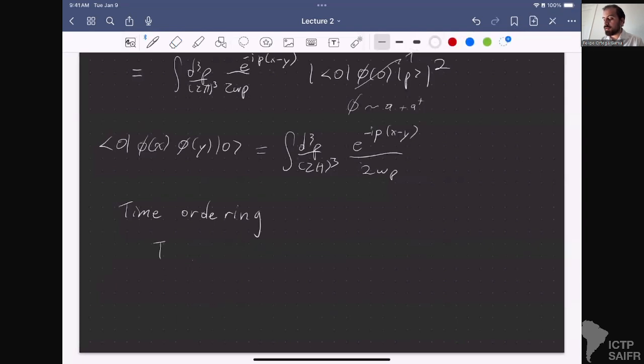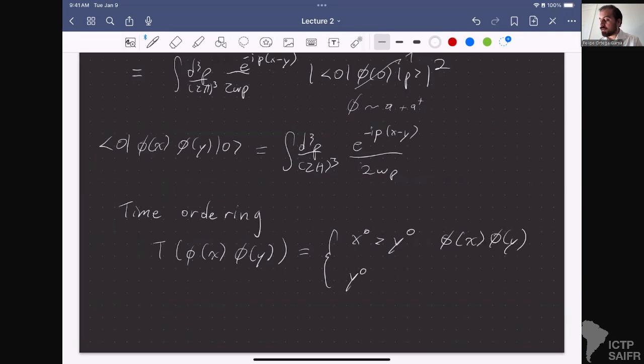The time ordering of an operator, or of a set of operators, means that if the time component of x is bigger than the time component of y, then this operator is simply the thing that I wrote.